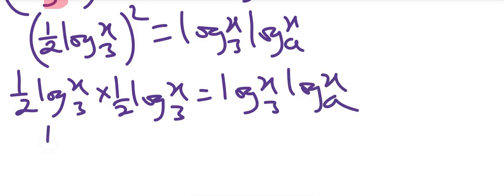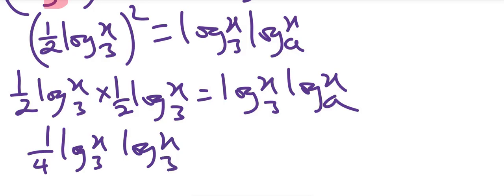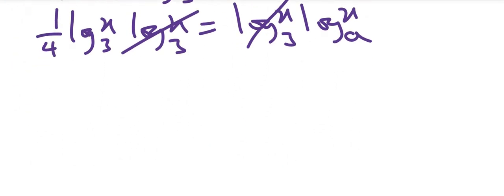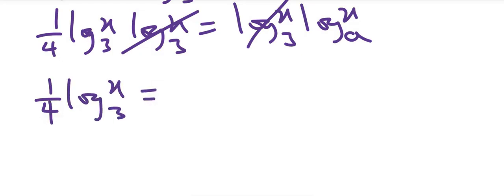Now this is 1 over 4 log x base 3 times log x base 3 equals log x base 3 times log x base a. This log x base 3 can cancel. Dividing both sides by log x base 3 is what I've done. So I am left with 1 over 4 log x base 3 equals log x base a.